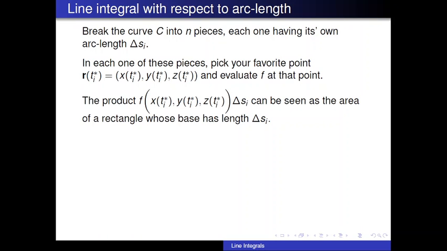So then this product, f of your preferred point in each piece, times the arc length of that piece, can be interpreted as the area of a rectangle whose base has length the arc length of that piece of that curve there, and whose height is the function value evaluated at your preferred point in that little piece.